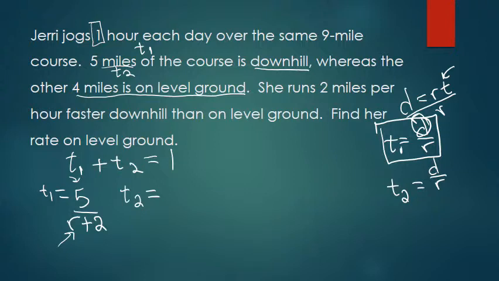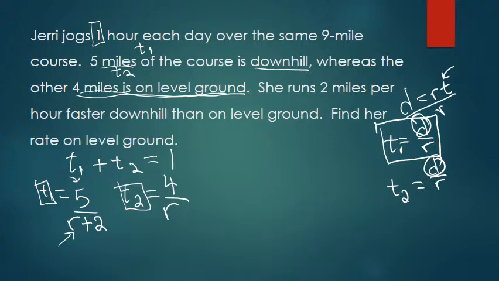Now T2, I need to do the same thing. And here it says that she goes 4 miles on level ground. So again, my distance is 4, so I've just plugged that value in here. And my rate is flat ground, so r is my rate. Okay, so notice I have an equation for T1, I have an equation for T2, and now I do substitution.